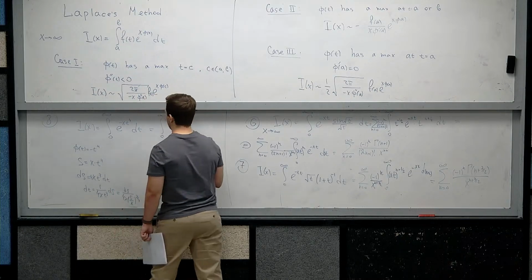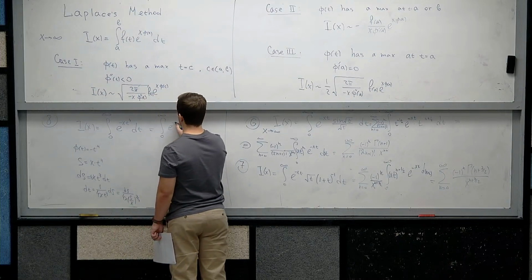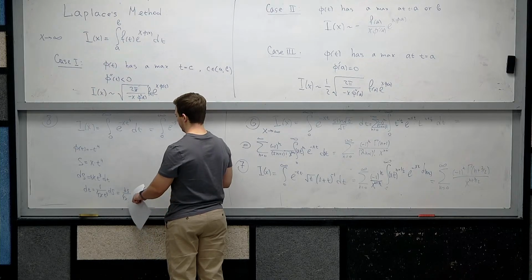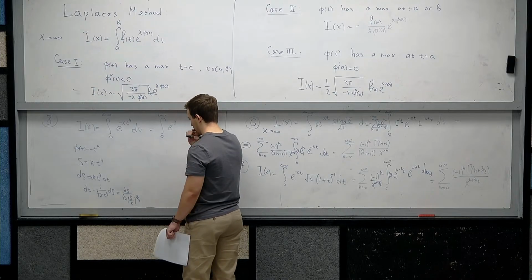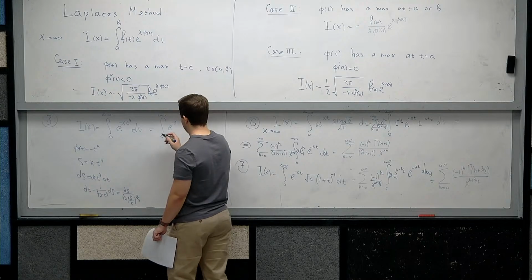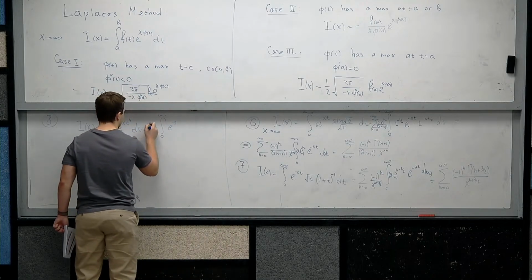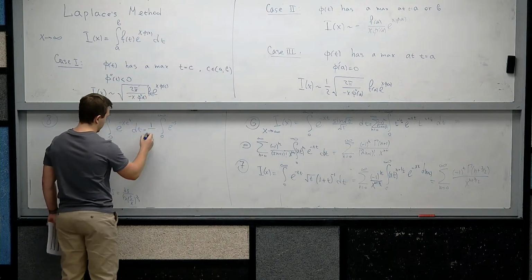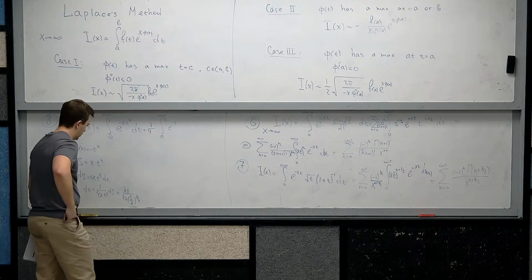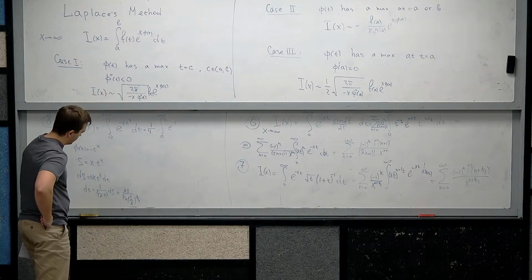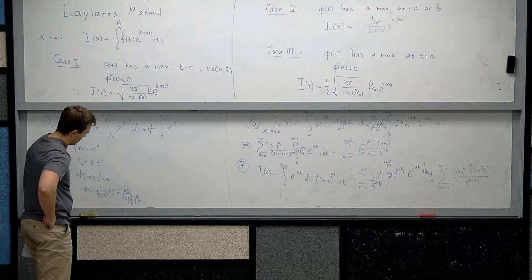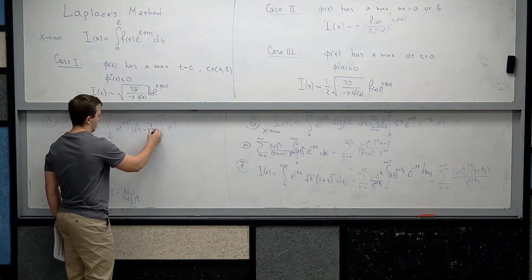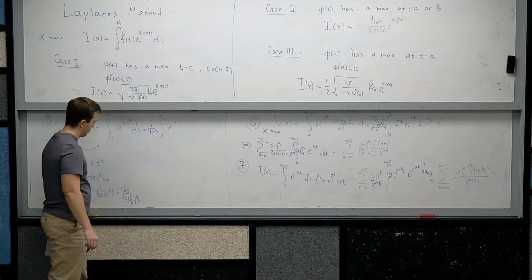Here we have just minus s, and dt will change by this. So it's 1 over 4, and x will be to the 1/4, I think.